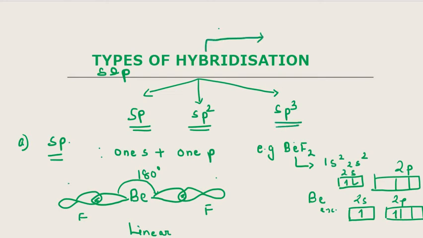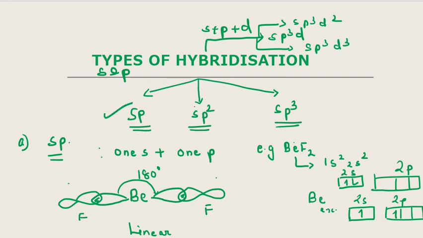In certain cases, if s, p and d orbitals are all involved, the hybridization may be sp3d, sp3d2, and sp3d3 hybridization. In our video, we will be discussing the first 3 types of hybridization.